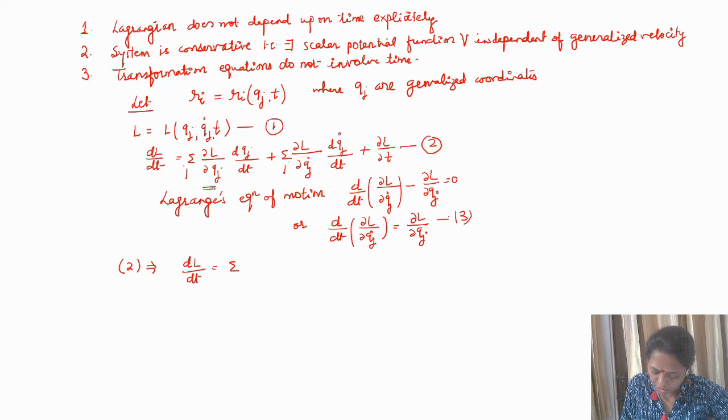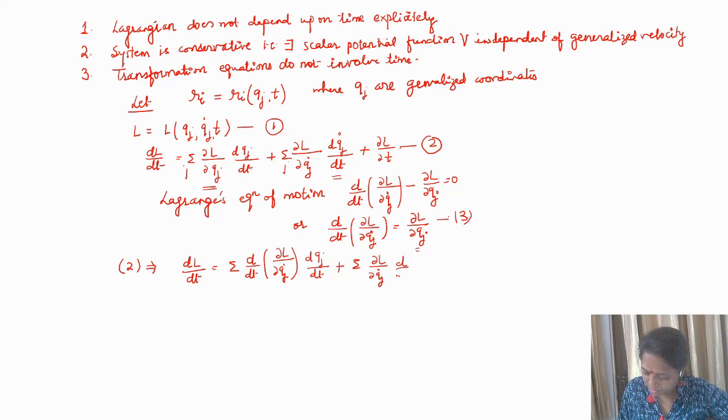In place of delta L by delta Qj, I'll put d/dt of delta L by delta Qj dot, then dQj/dt, plus summation delta L by delta Qj dot, and I may write it as the derivative of dQj/dt, because you are having here Qj dot, derivative of Qj dot.